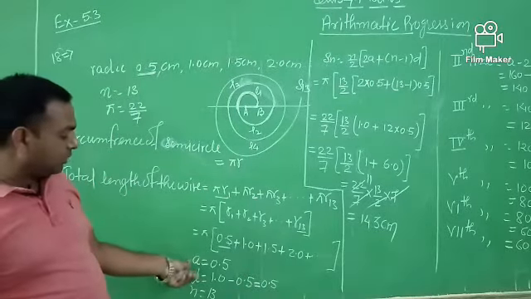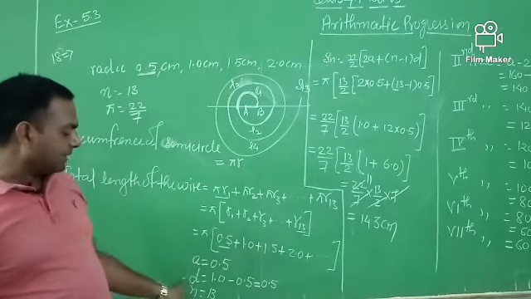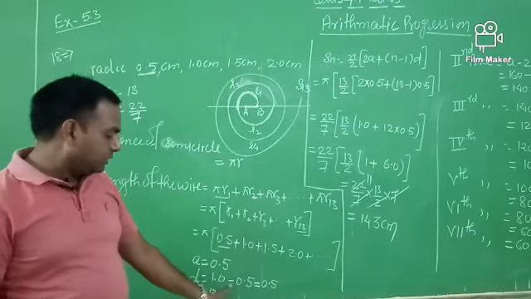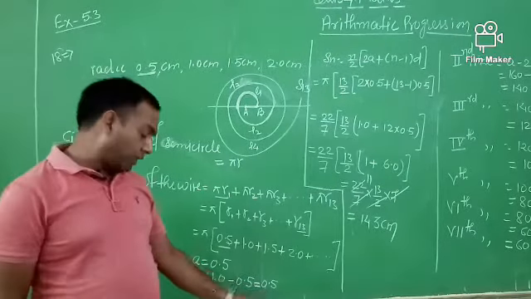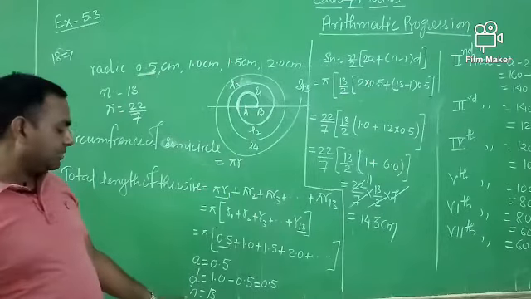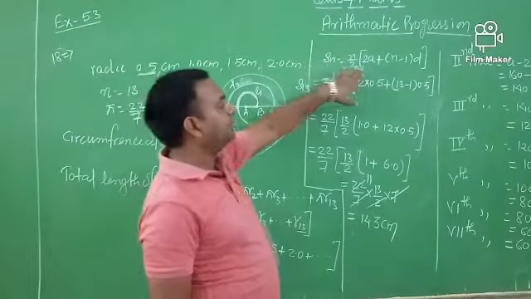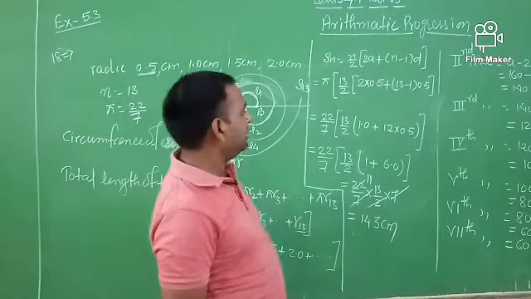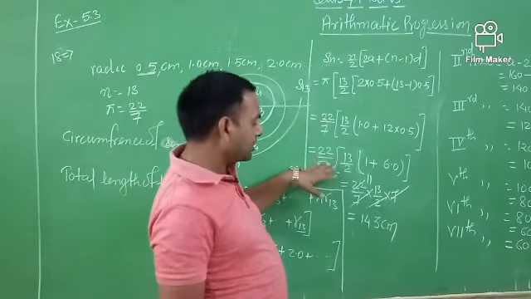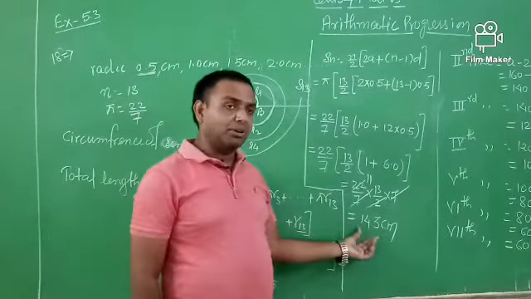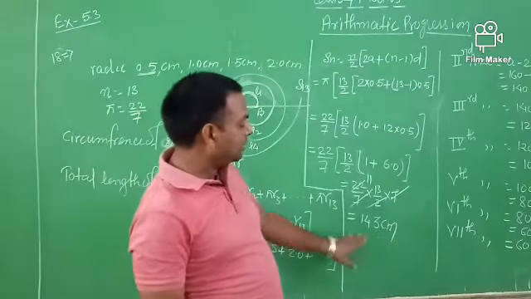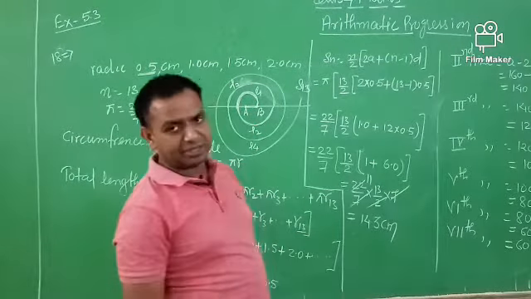You take the first term a equal to 0.5, the difference d equal to 1.0 minus 0.5, which is 0.5, and the total number of terms n equal to 13. You apply the formula Sn is equal to n by 2 times 2a plus n minus 1 into d, and after the calculation you find the total length of the wire is 143 centimeters.